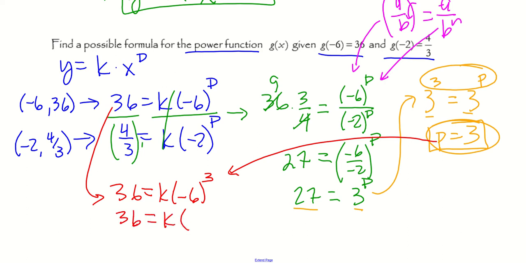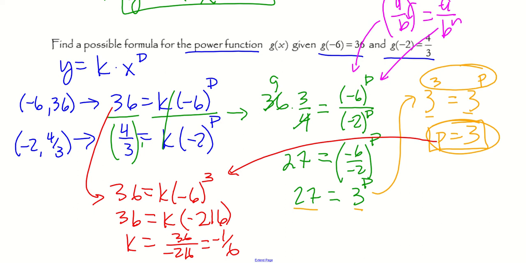Negative 6 times negative 6 is 36, times negative 6 again is negative 216. So dividing both sides by negative 216, I get k equals 36 over negative 216, which reduces to negative 1/6.